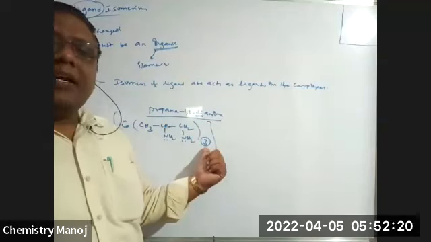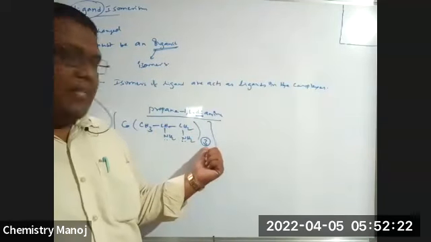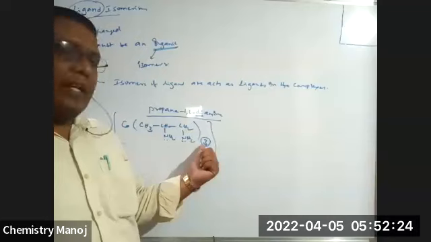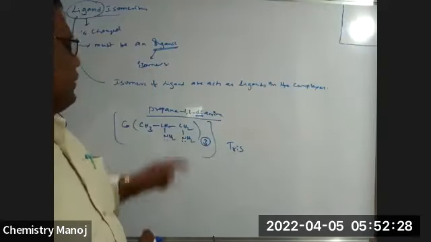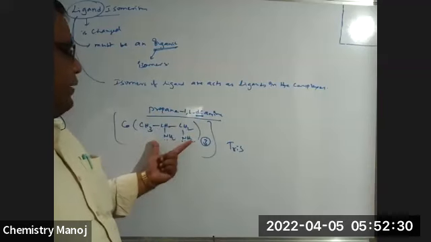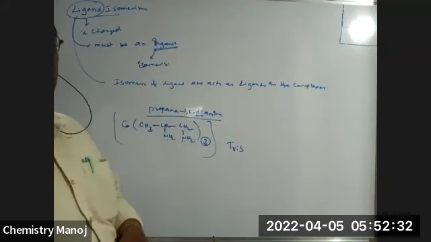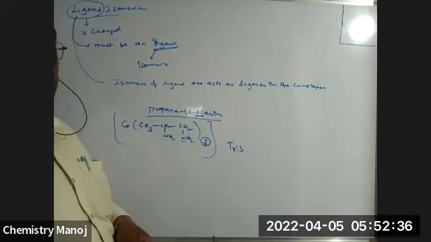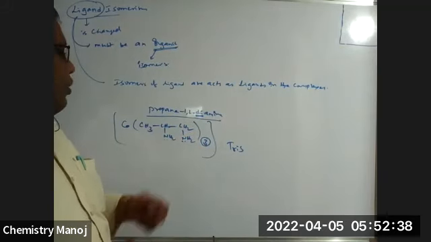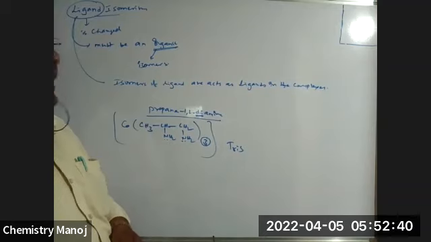Already di is there, and it is 3 times, so this is tris. Tris(propane-1,2-diamine)cobalt(III) complex. It is a neutral complex.